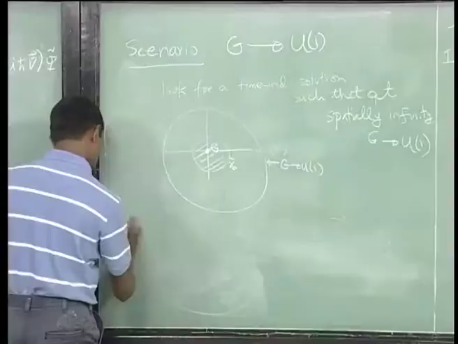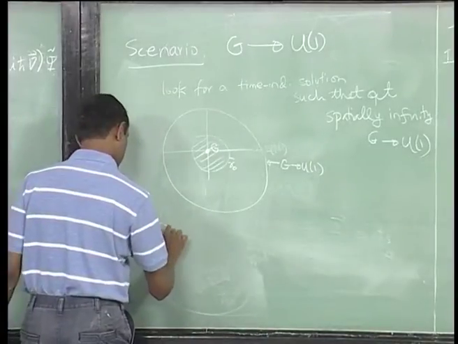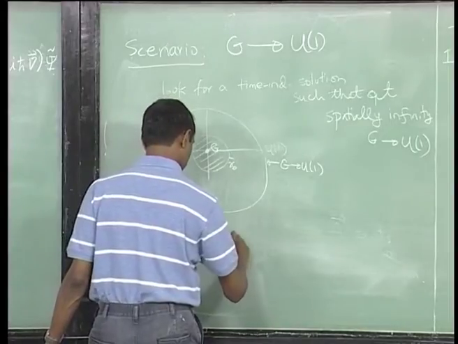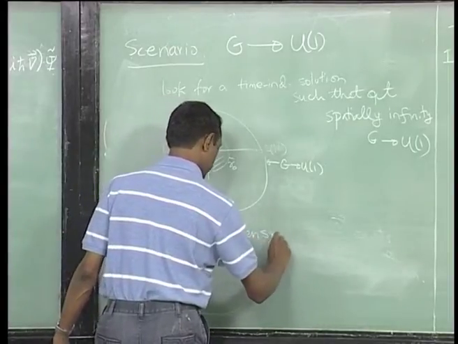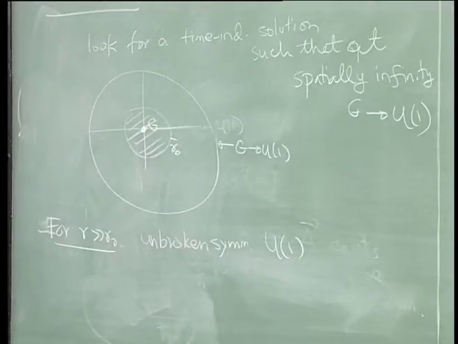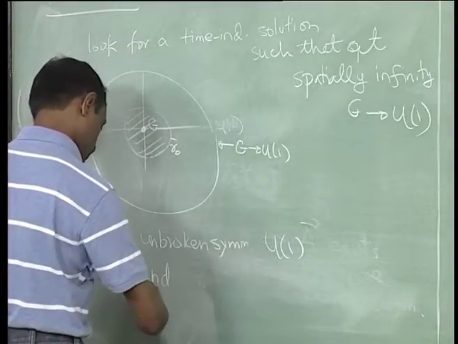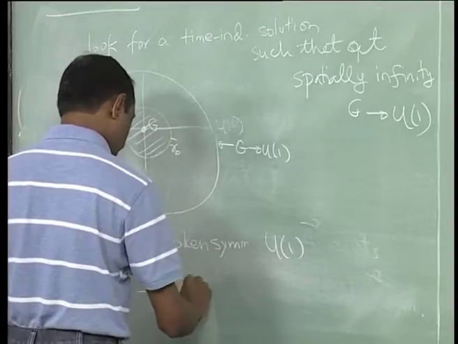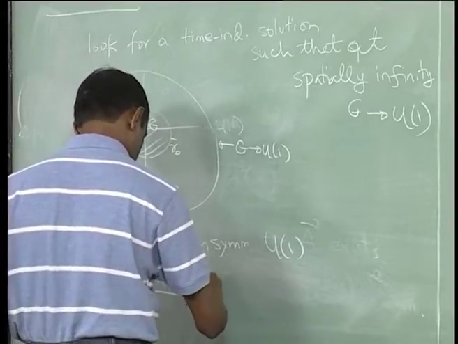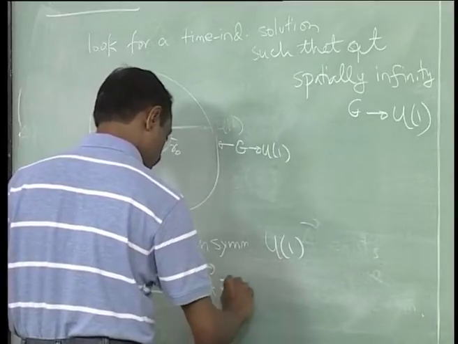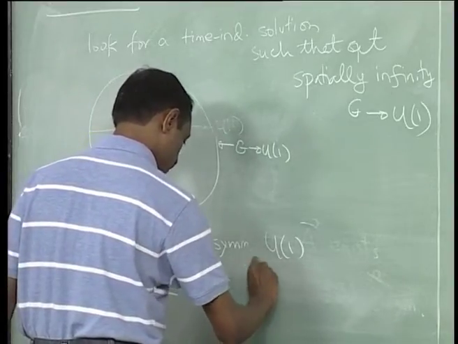For r greater than r naught, the unbroken or massless symmetry is U1, and the configuration A agrees with A for a Dirac monopole.